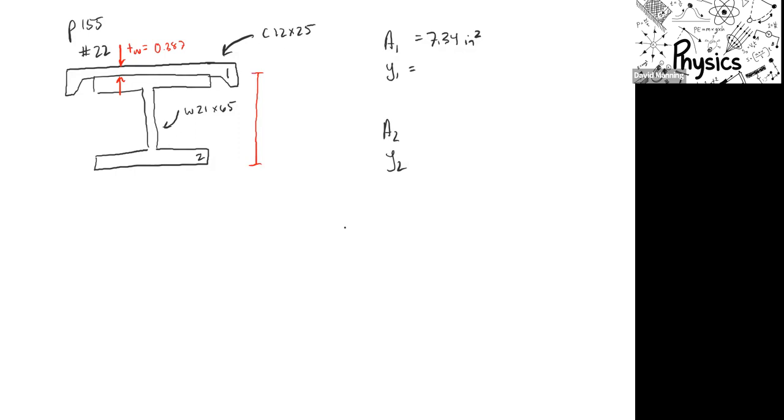So to do that, we will go to table J. And in table J, is that not in table J? What table am I in? B maybe?